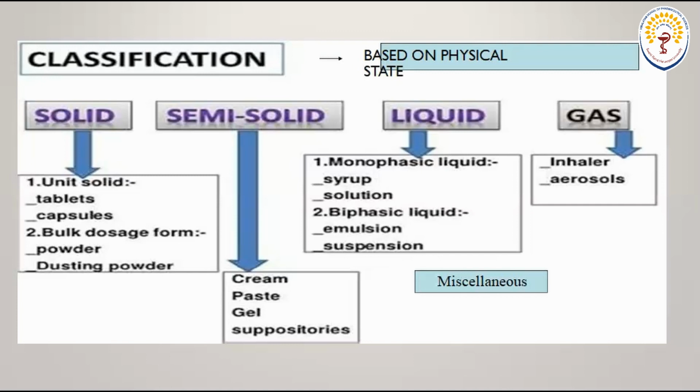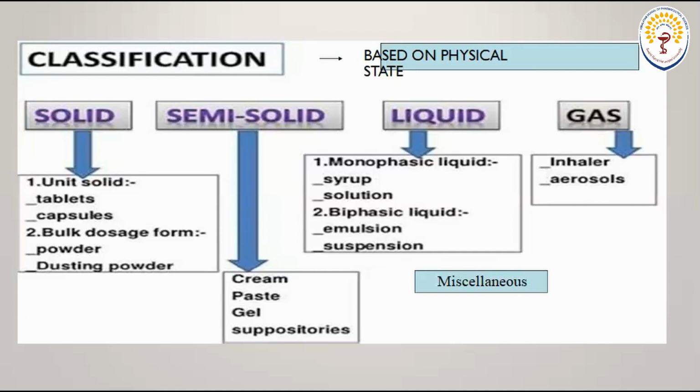At first, classification on the basis of physical state: solid, semi-solid, liquid and gas. Solid dosage forms include unit solid dosage forms like tablets and capsules, or bulk dosage forms like powders and dusting powder.